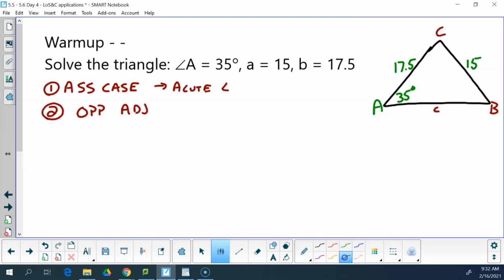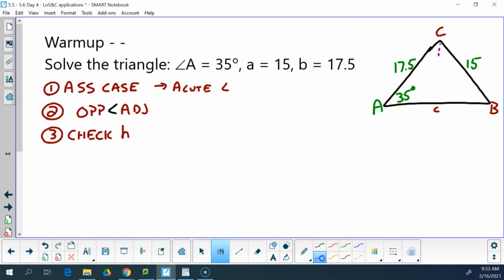And I see that the adjacent side is longer than the opposite side. Correct? That means we have to check the height.